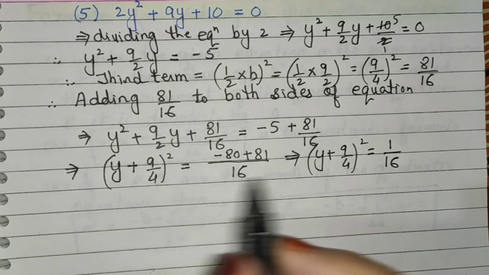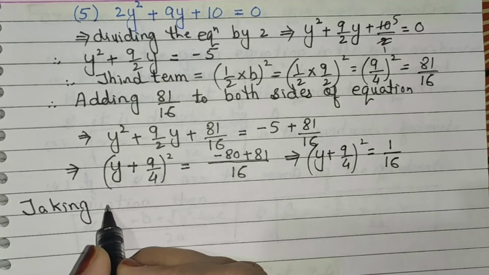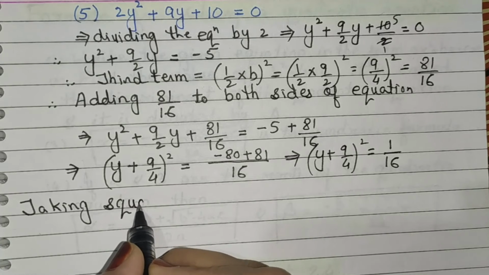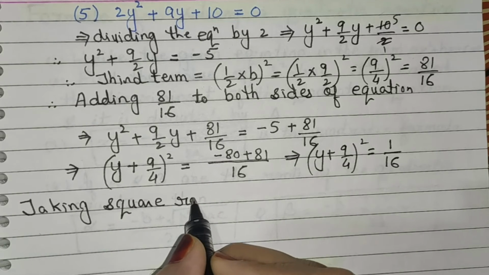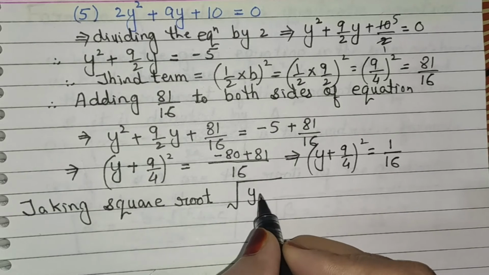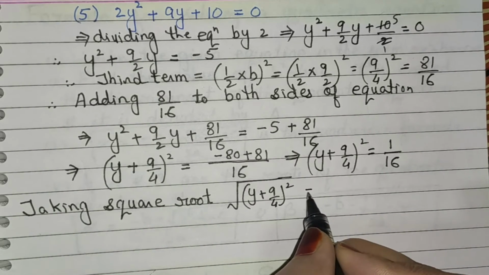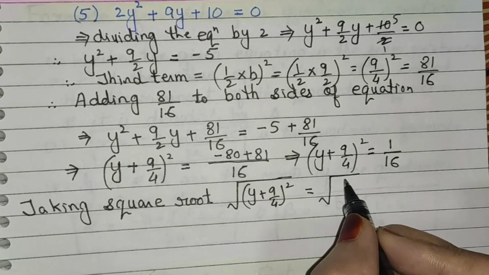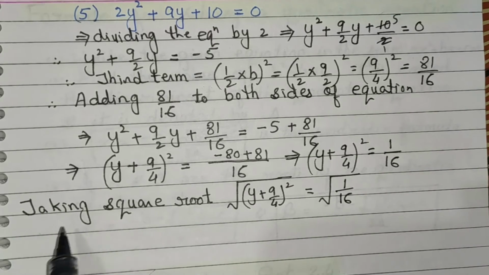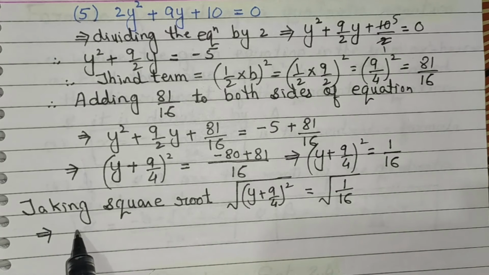Now taking square root, we get y plus 9 upon 4 whole square is equal to square root of 1 upon 16. Solve it. Now square and square root both are cancelled.